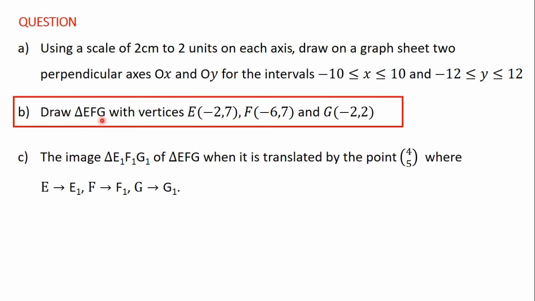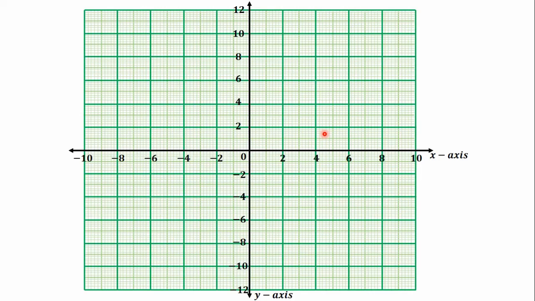Draw triangle EFG with coordinates E, F, G, and the coordinates of each of the vertices have been given to us. So let's go onto our graph sheet. We are going to draw the triangle EFG and we have the coordinates of E, F, and G. So you can plot them and join them to get the triangle EFG. E has the coordinates -2, 7.